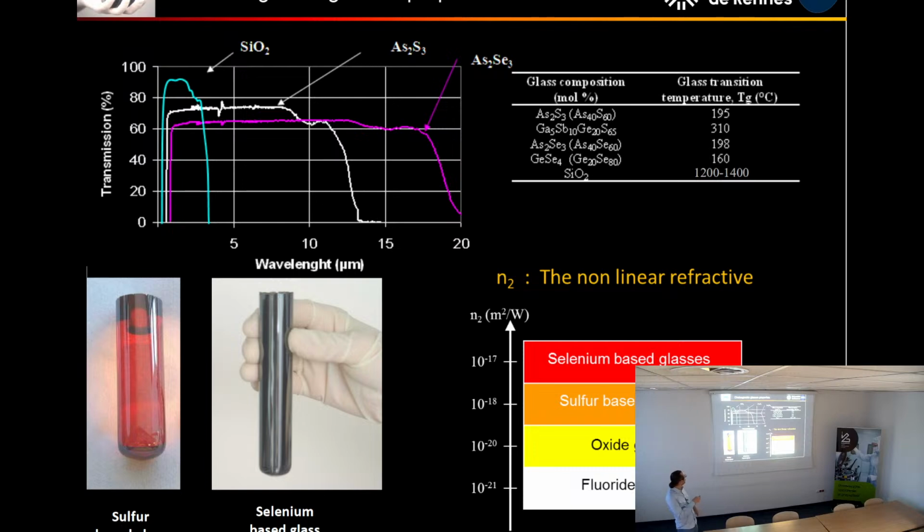It has a red color, and it can transmit up to close to 13, 40 microns. And the second one is totally opaque in the visible, but can transmit light up to 18 microns, for a bulk glass. Another interesting point, when we want to use a nonlinear effect inside the glass or inside the fibers, is that chalcogenide glasses have a very high nonlinear refractive index in comparison to fluoride glass or oxide glasses.